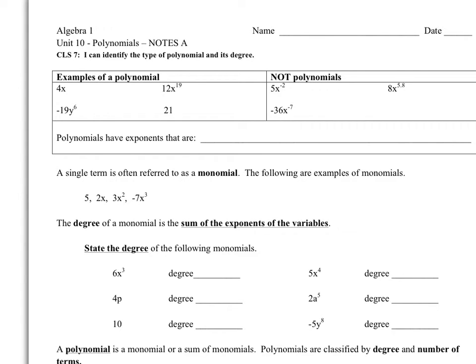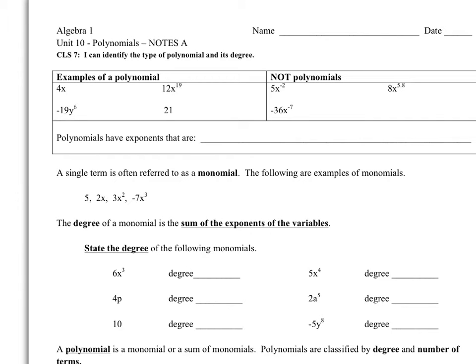So up at the top left, examples of a polynomial, and not polynomials. You can see the main difference is the exponent. Backing up a little bit, nomial means term and poly means many. So a polynomial is many terms.